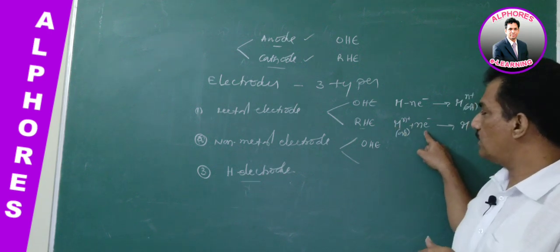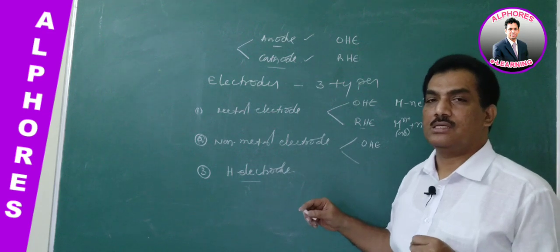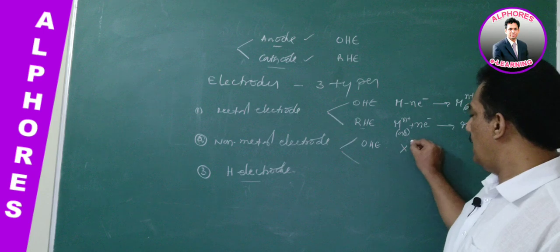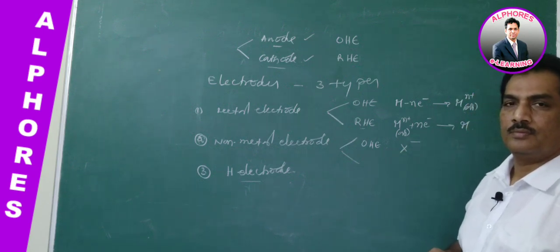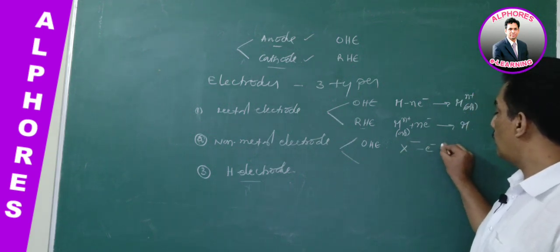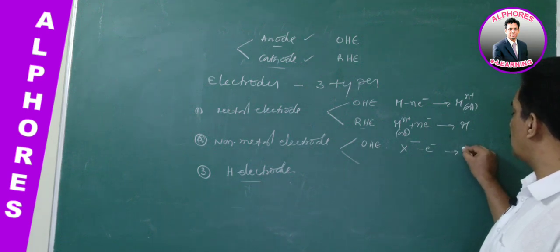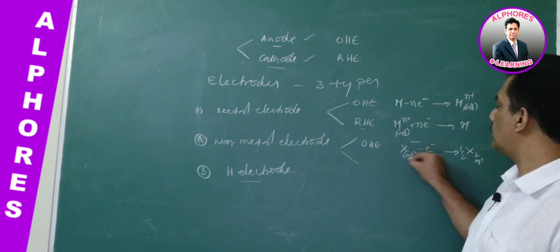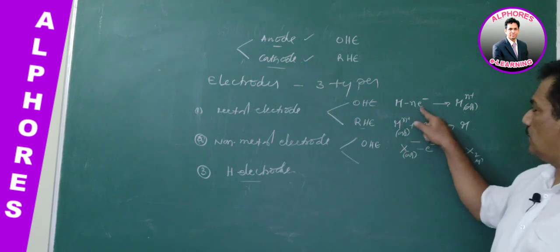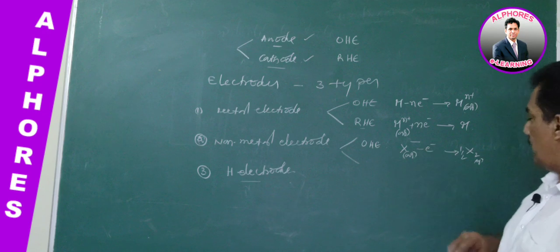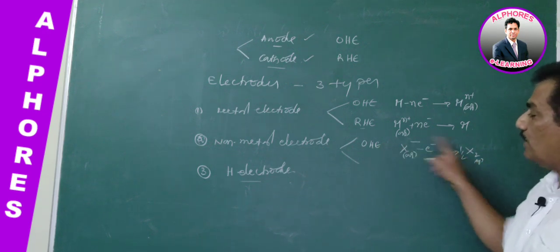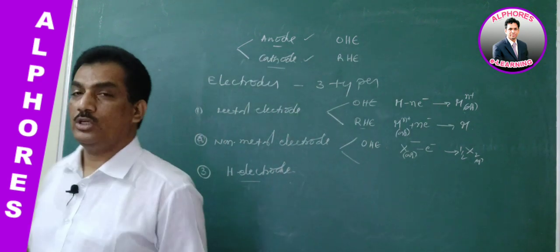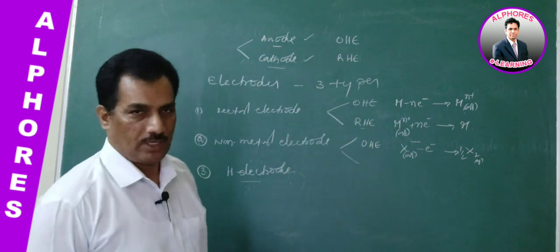But in non-metals, ions are not taking the electrons. Instead, X minus, by releasing that electron, converts to X2. It is a gas, and it is an aqueous solution. Here also there is de-electronation, and thereby it is oxidation. This will happen when a non-metal X electrode is behaving like an oxidation half electrode.